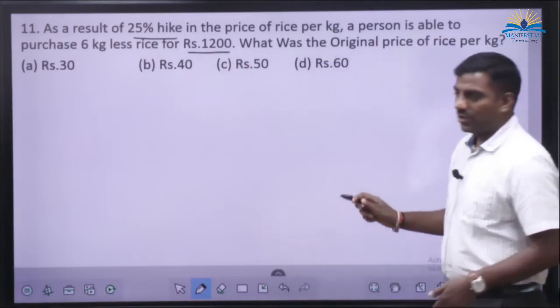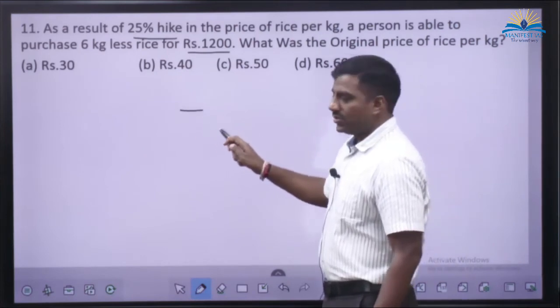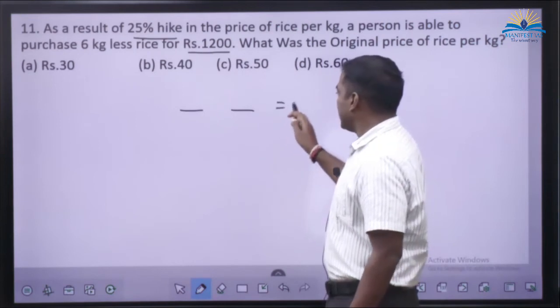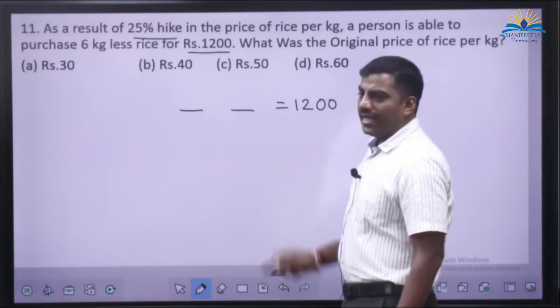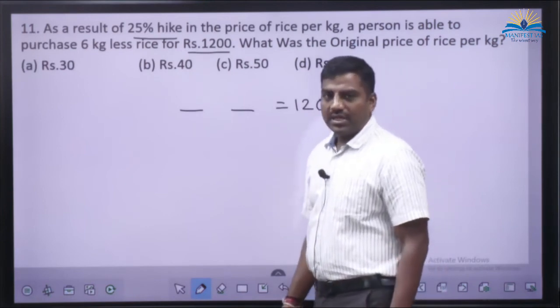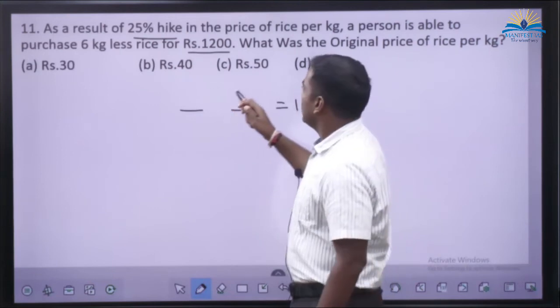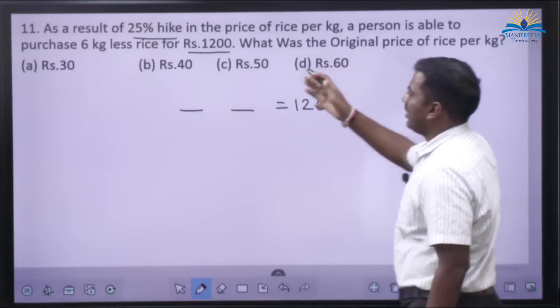So whatever may be the price, according to that he will take the quantity, and his budget is 1,200.